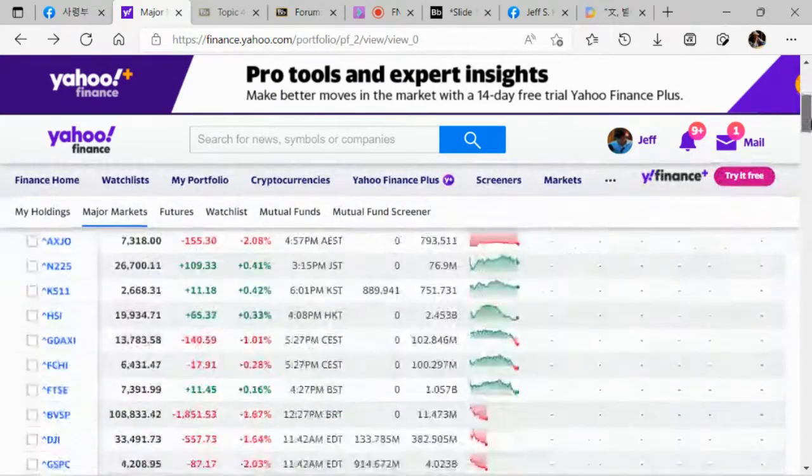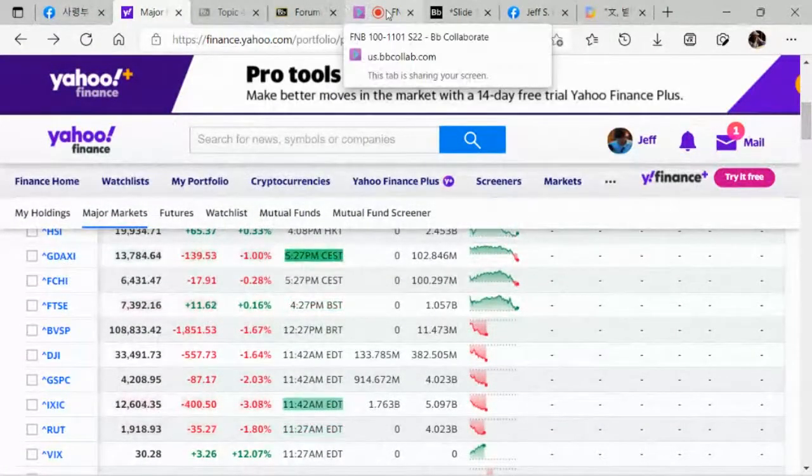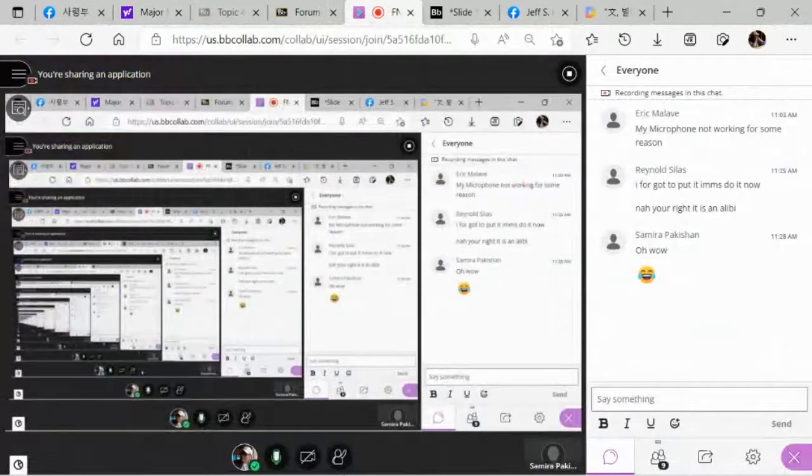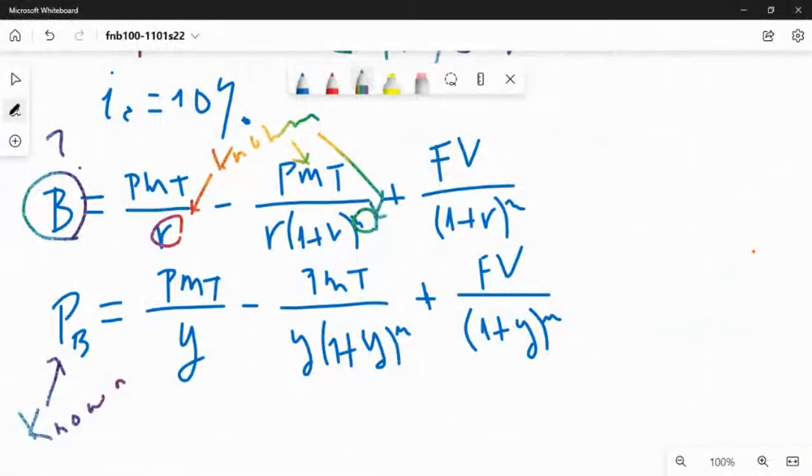You can look up real time because market price is literally the result of the market transaction, the result of the trading. So market price is known.